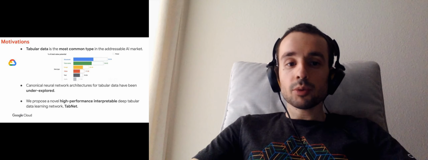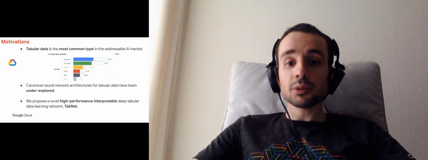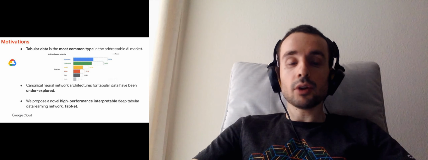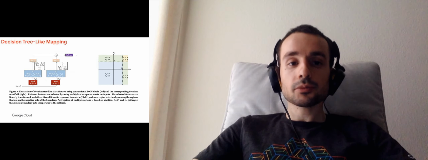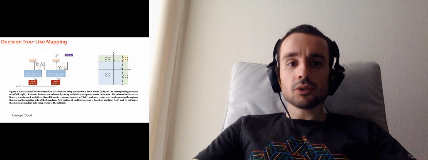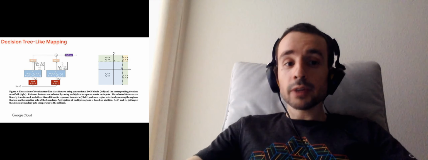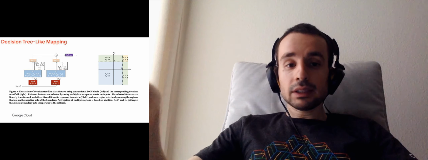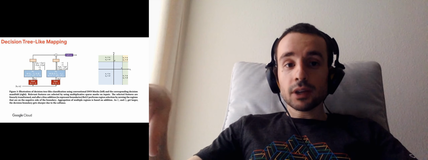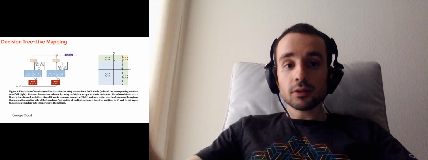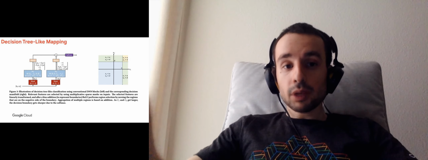In this work, we propose a novel, high-performance, interpretable deep tabular data learning network, which we name TabNet. If we look at decision tree-like mapping, what we observe is that with appropriate design, such functionality can also be implemented with canonical neural network blocks.